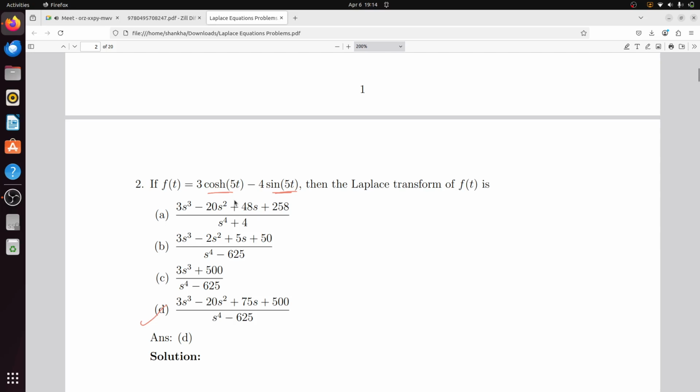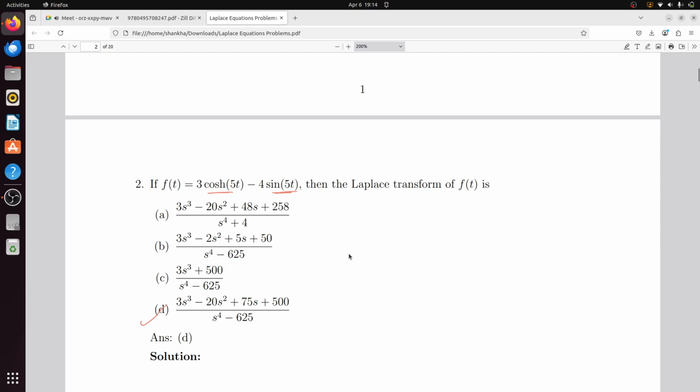f(t) equals 3 cosh 5t minus 4 sin 5t, then find the Laplace transformation of f(t). Very easy. From 3 cosh 5t you will get 3 into s divided by s square minus 25, and from here you will get minus 4 into 5 divided by s square plus 25.